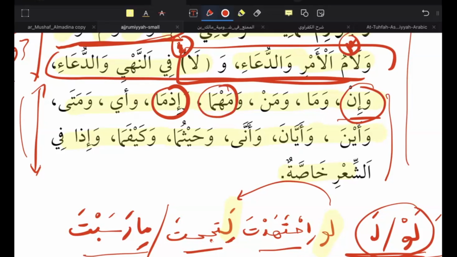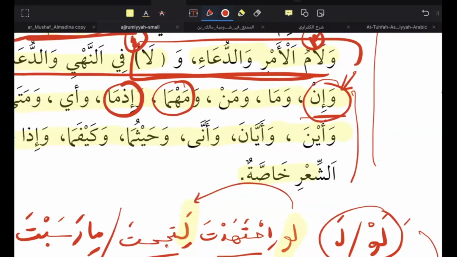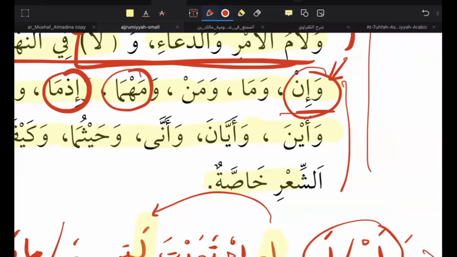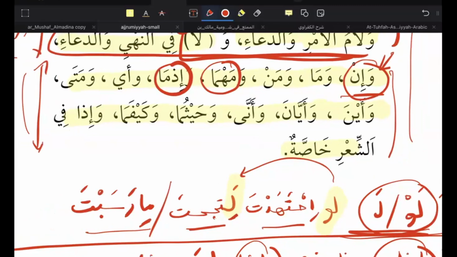Other than that, in is harf by ijma. In is the main particle of this conditional statement, the one that makes the mudari' majzum. And this is harf by ijma. There's no dispute, so in is harf. And other than the one that I circled, they're all nouns. Ma, man, ayy, mata, ayna, ayyana, anna, haythuma, these are all nouns by ijma.